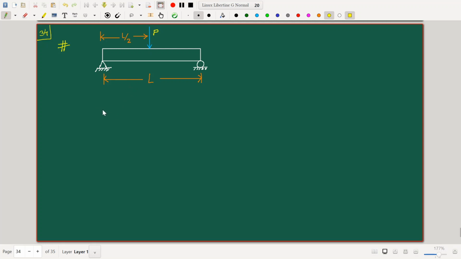So this time we are going to consider the origin on our left hand side, at this end, with x in this rightward direction, and we are going to take a cut like this and consider the left portion, the portion to the left of this cut.